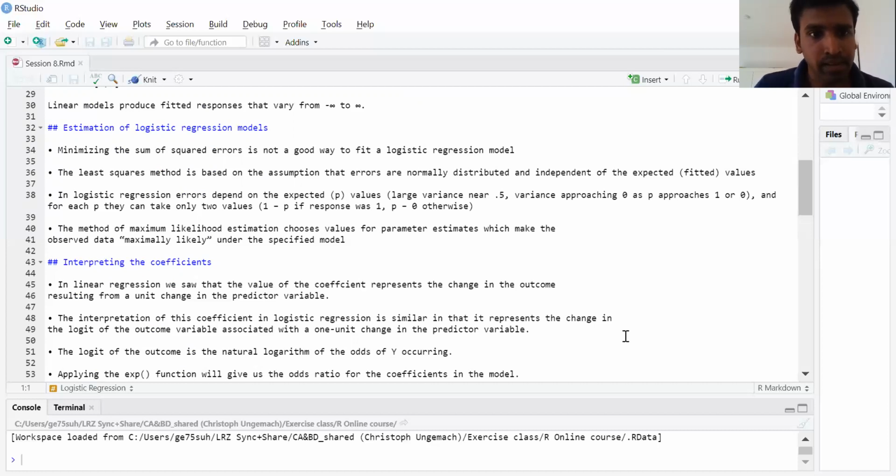Okay, and that's what I mean here in line number 38 of this RMD file, where it says that the errors of this logistic regression depend upon the p-values. Hence it is also reflected as a replacing aspect related to the least square method.